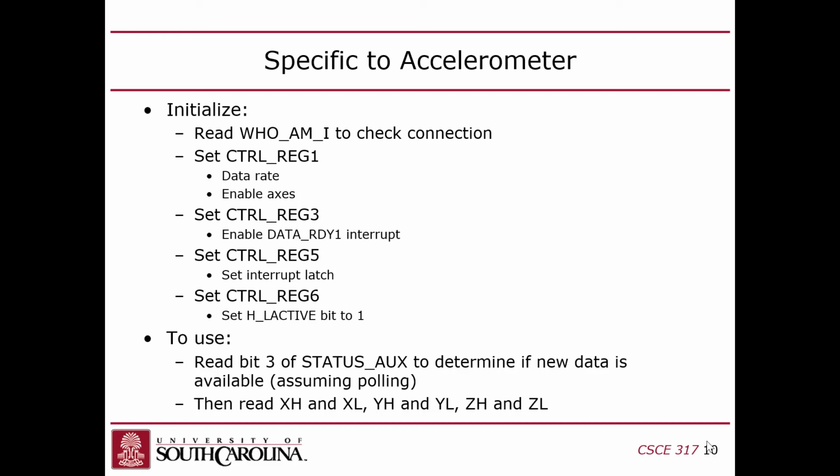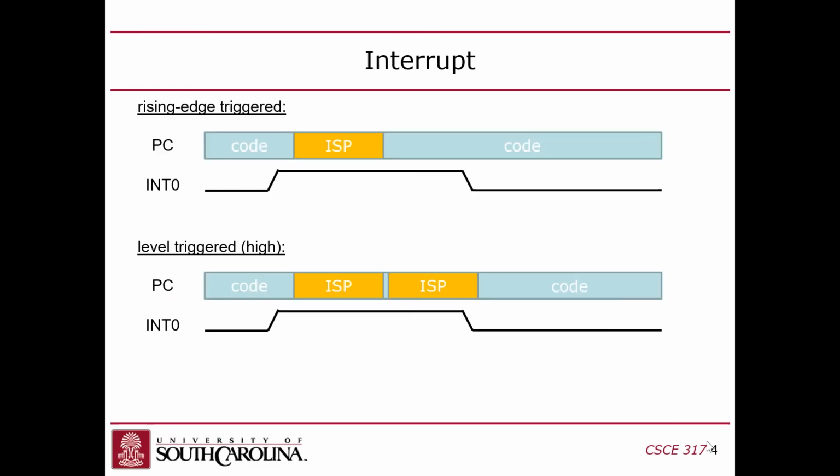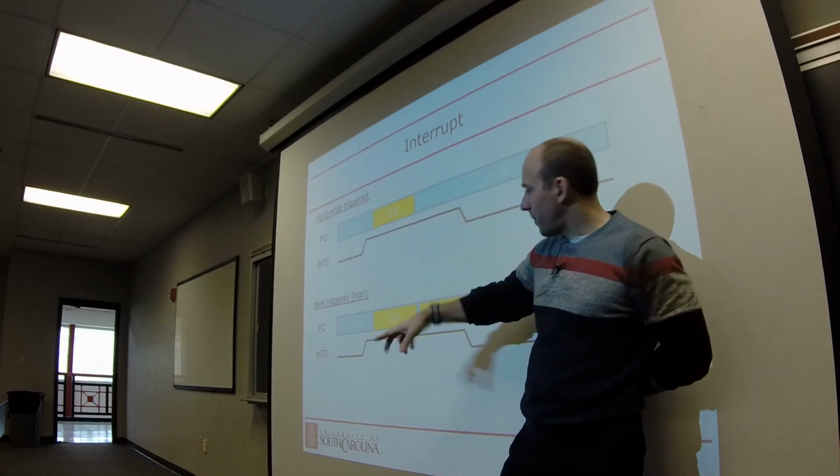Control register 5 is where you set the interrupt latch bit, which keeps the interrupt signal asserted until you do a read on the accelerometer to turn it back off.